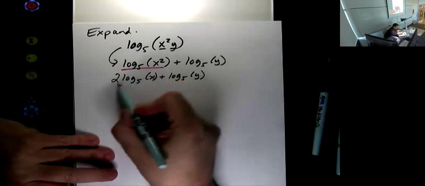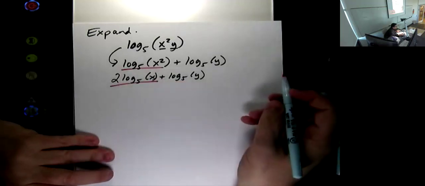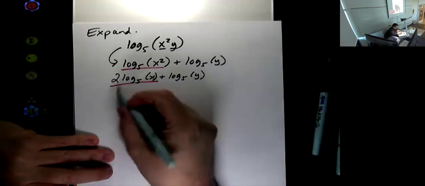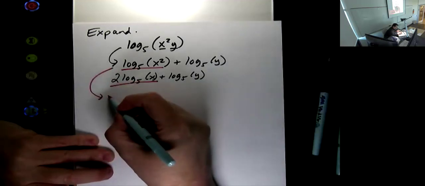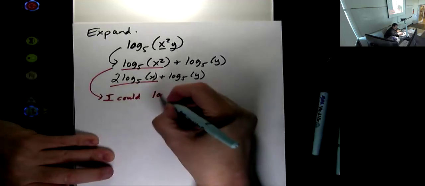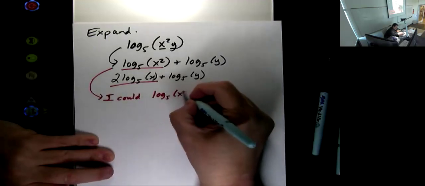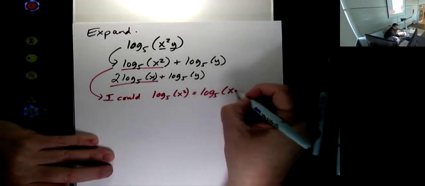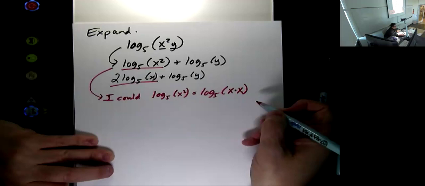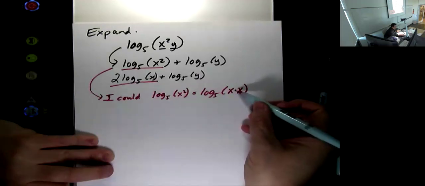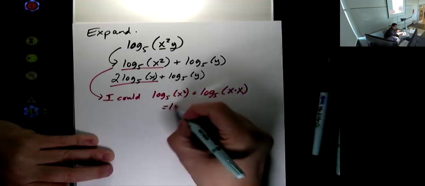This connection is easier to see with actual numbers like we have here and doing the expansion. Alternatively, if this helps you guys, I could write log base 5 of x squared as log base 5 of x times x. And multiplication turns into addition.